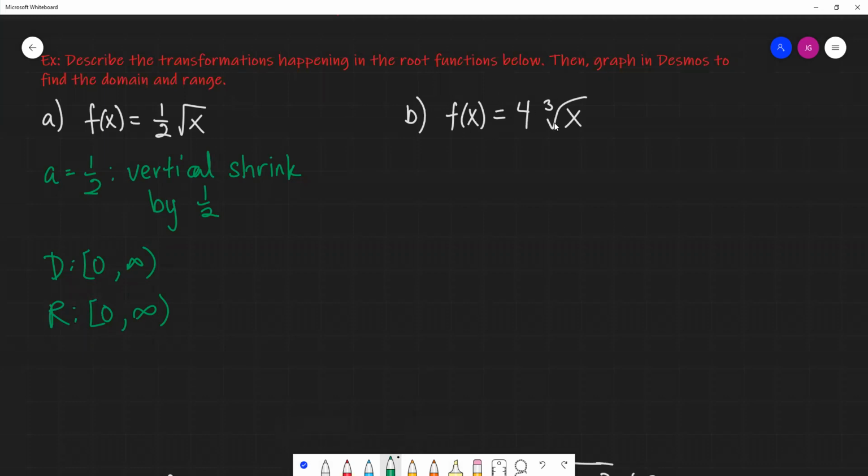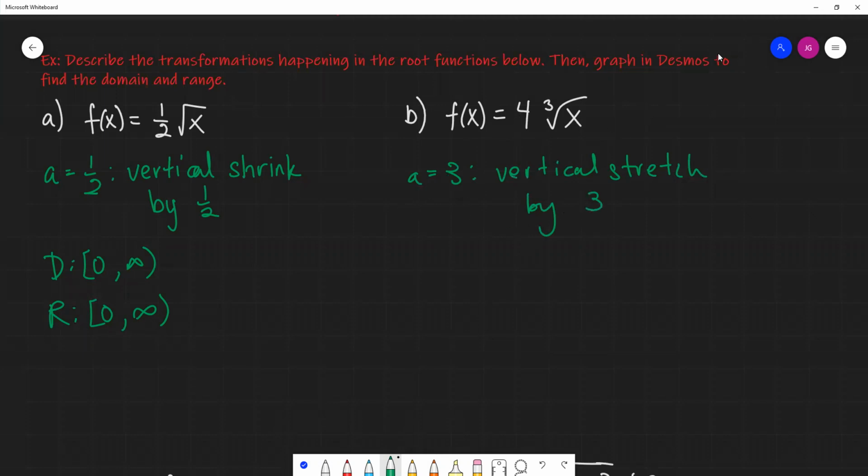Next one, 4 cube root of x. So what's our a here? It's 3. And we don't have an h or a k. So this one is a vertical stretch by 3.